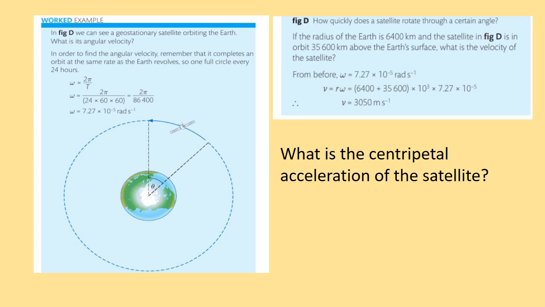We just calculated omega to be 7.27 times 10 to the minus 5 radians per second. And so we add the radius of the Earth and the orbit of the satellite, 6,400 plus 35,600, that's in kilometers. Multiply it by the angular velocity, and that gives you an instantaneous velocity of 3,050 meters per second.